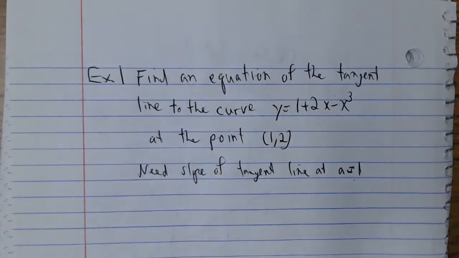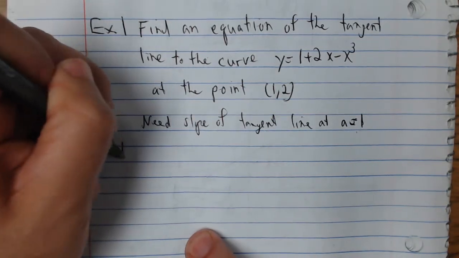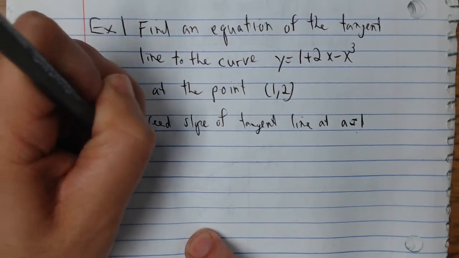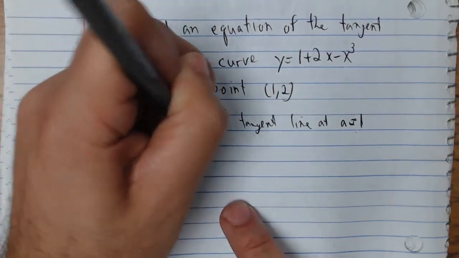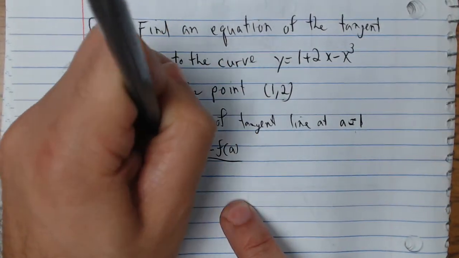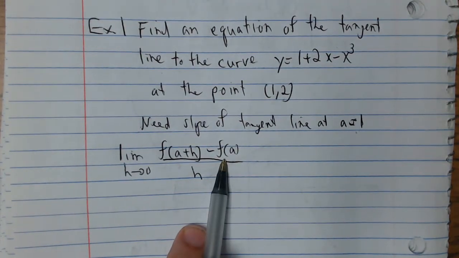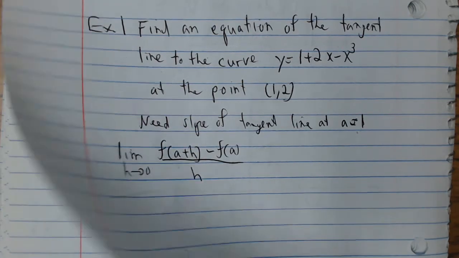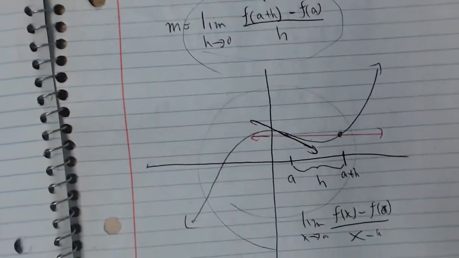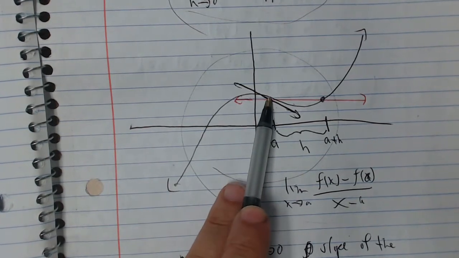If you think about the definition of finding the slope of the tangent line, it was this: the limit as h approaches 0 of f of a plus h minus f of a, all over h. And what does a represent? A represents the x value that we're interested in finding the slope of the tangent line at. If we come back to this picture, I'm trying to find the slope of the tangent line at the point (a, f of a).